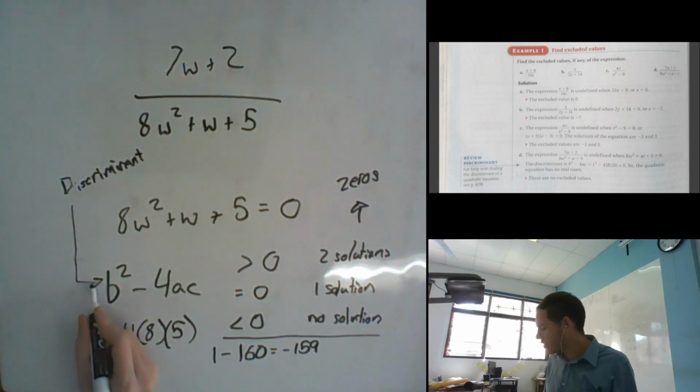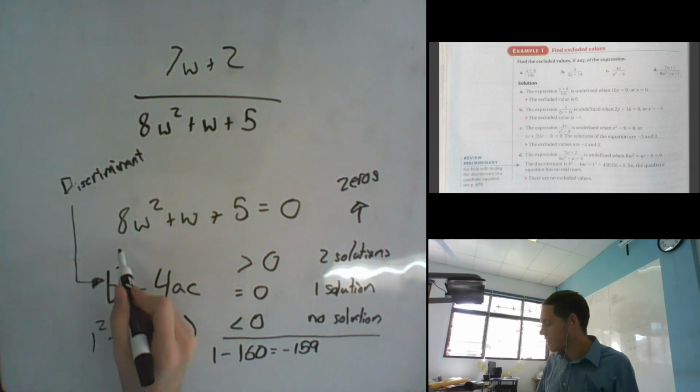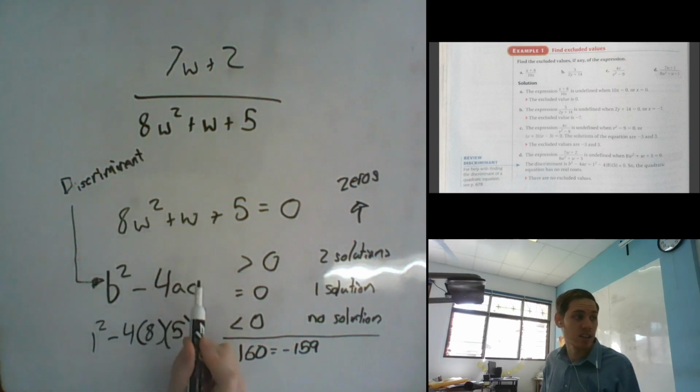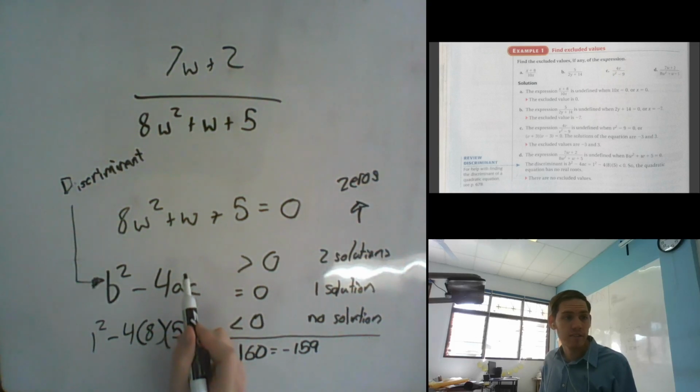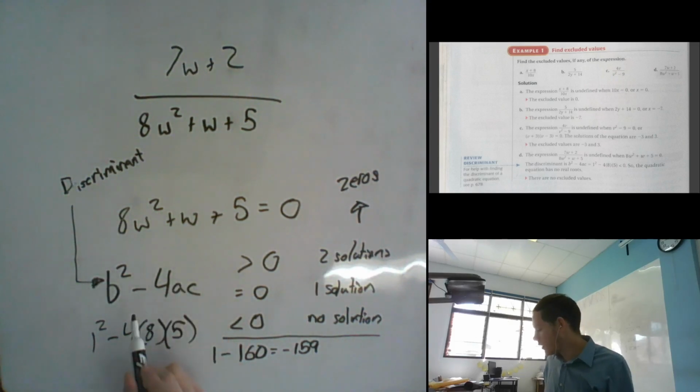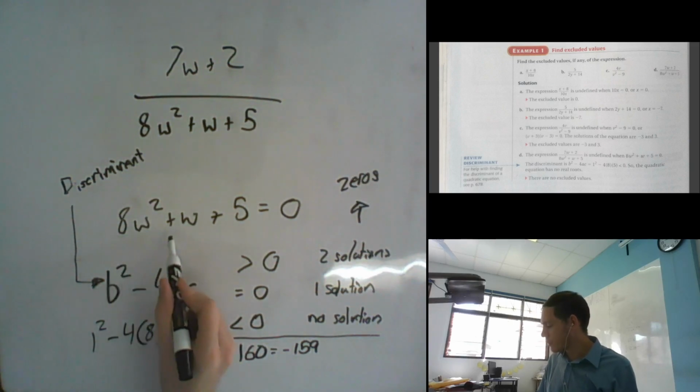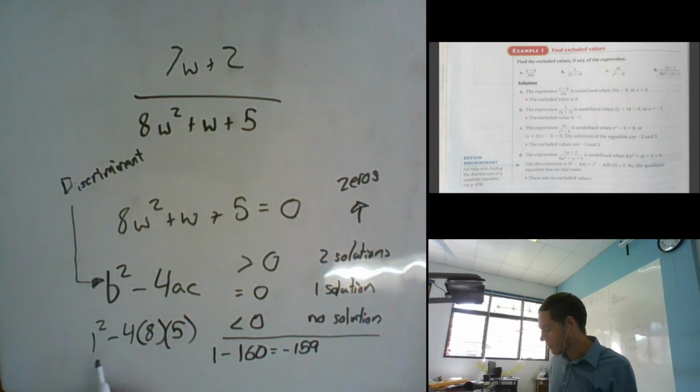And this discriminant right here is going to affect whether this has a 0 or not. Okay? So, we plug in the numbers here into the discriminant right here. And we see that this is going to be a negative number. Okay?